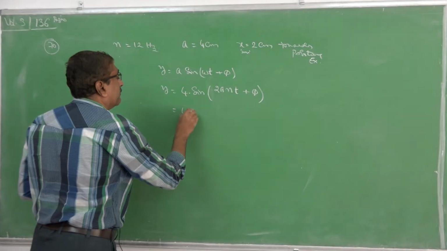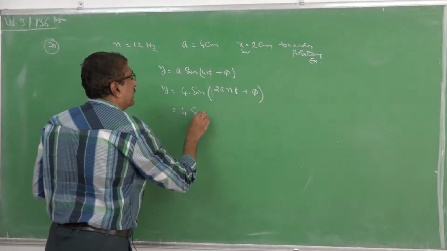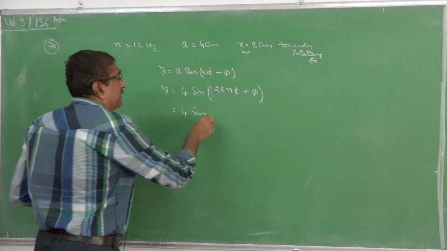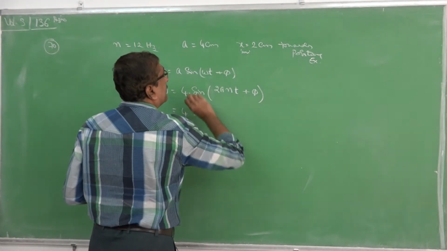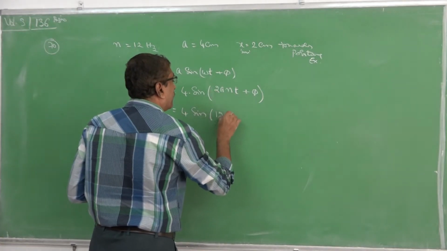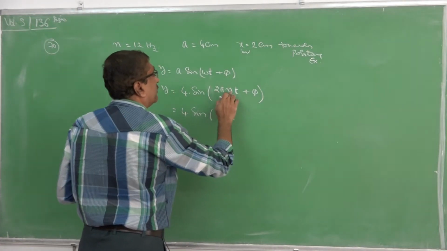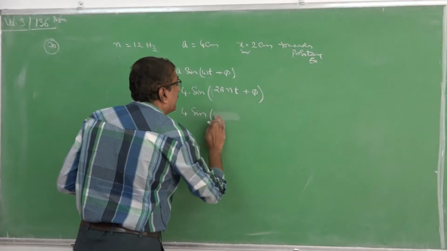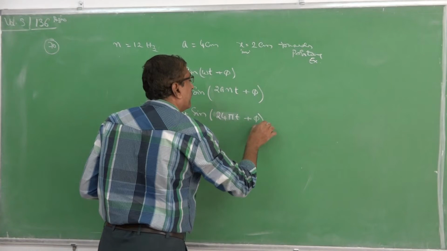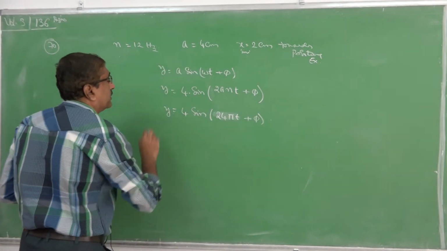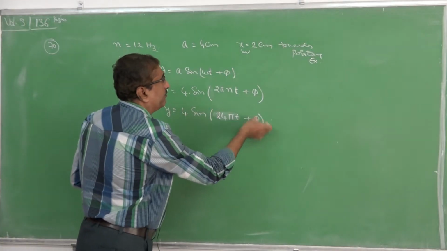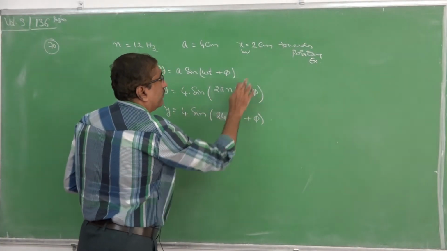Now here it is given 12 Hz. So we can write this equation as 4 sin(12 into 2, 24 pi t plus phi). This is the displacement. But we have to calculate this phi.